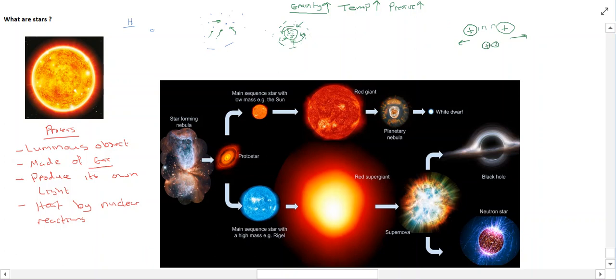This repulsive force is going to be overcome, and then you're going to have what's called a nuclear force, and this nuclear force will actually bind these two hydrogen nuclei, or these protons, together, and this is what's known as fusion.